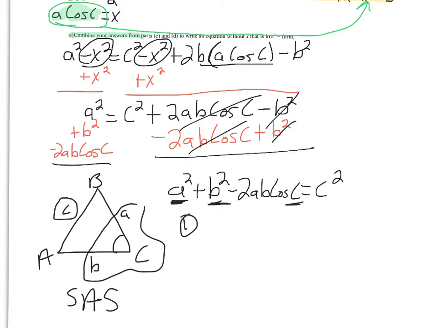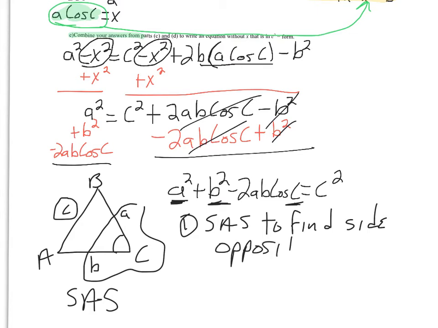So one scenario to use the law of cosines is when you have side angle side, and you're going to use that to find the side opposite angle C.